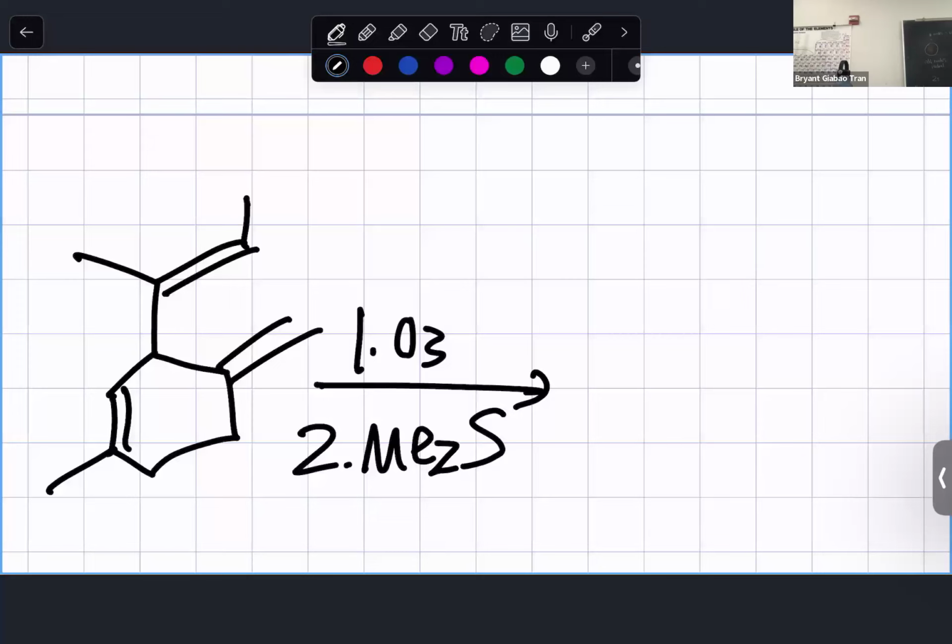You can cleave a ring if it's not aromatic, and that will break open the ring. And it will stay as one molecule if it's in the ring, because when you're breaking open the ring, it just opens up into a linear chain, right? But if your alkene is already in a linear chain at the beginning and you cut that in half, you get two separate molecules, right? Because you're cutting a linear chain into two smaller fragments. But if you're breaking up a ring, that stays as one molecule, but now it's just open and linear.